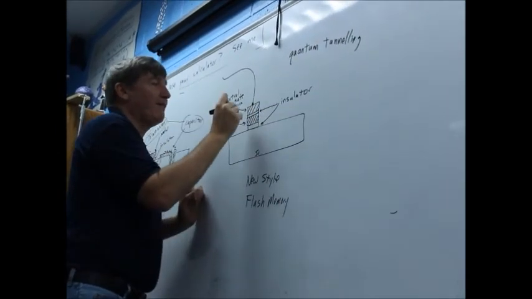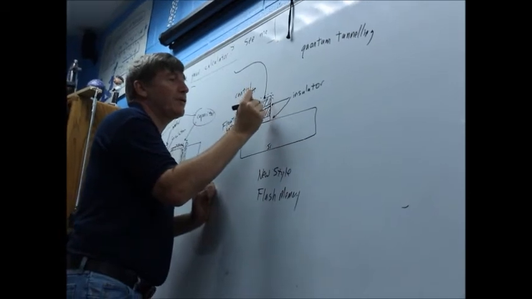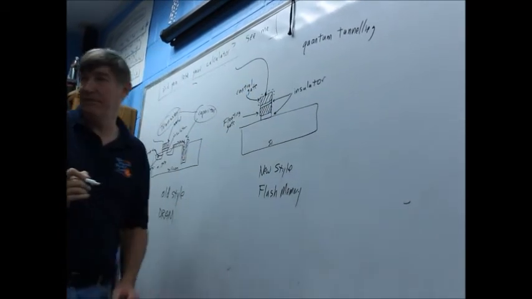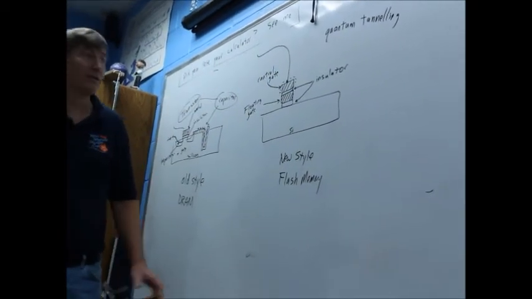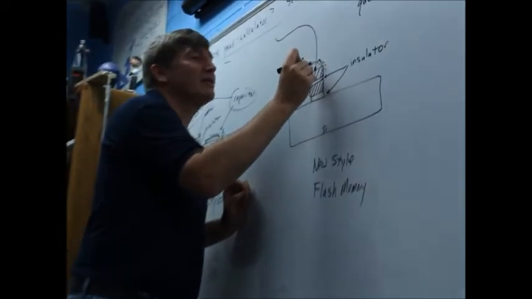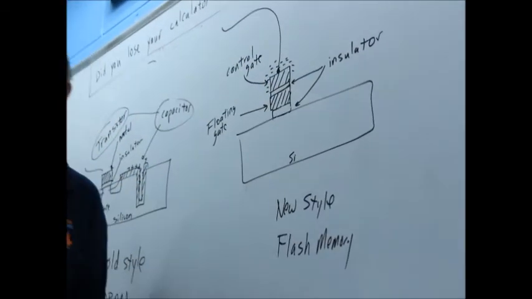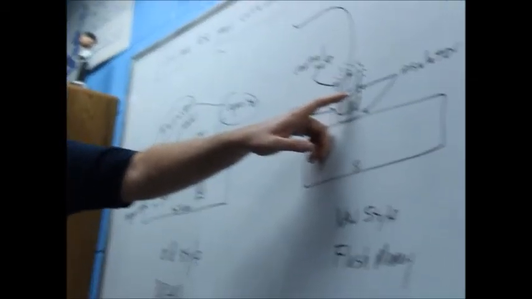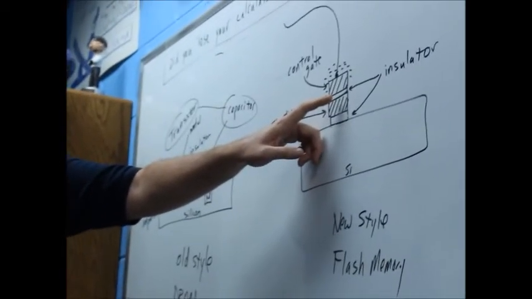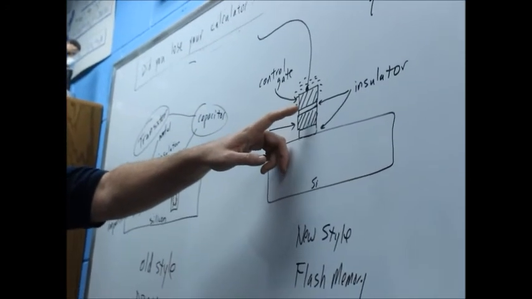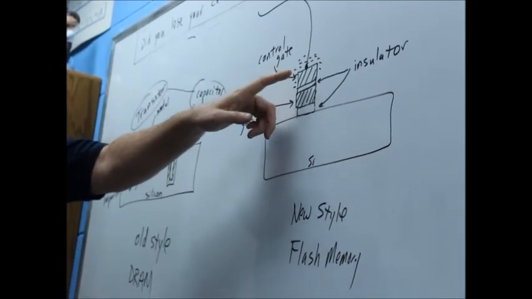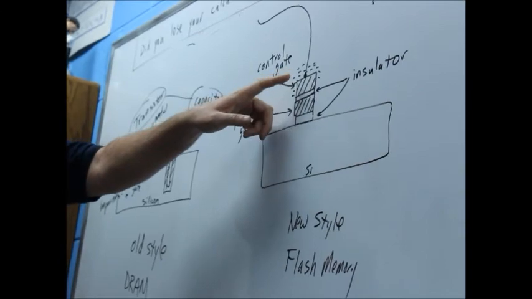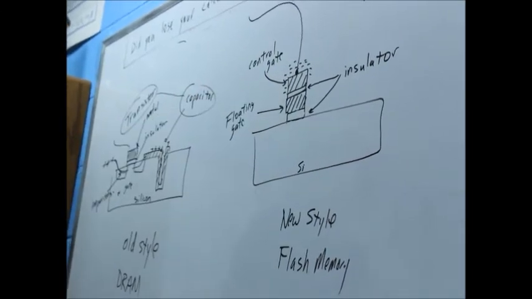If I were to put a whole bunch of negative charges on the thing here, so electrons are just negative charges. If I were to load this up with billions and billions of electrons, and if this insulator here is thin enough, quantum mechanics tells us that a few of all those electrons can tunnel through.